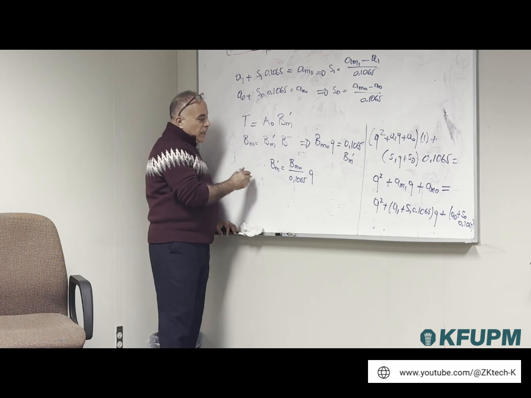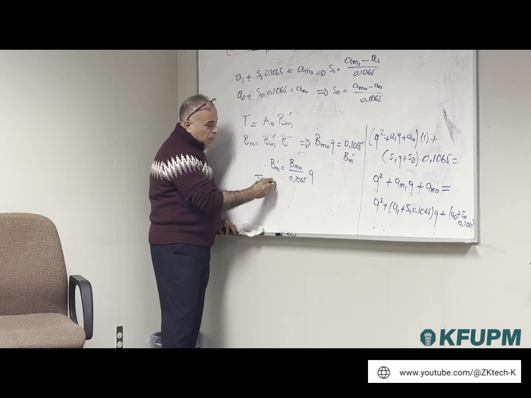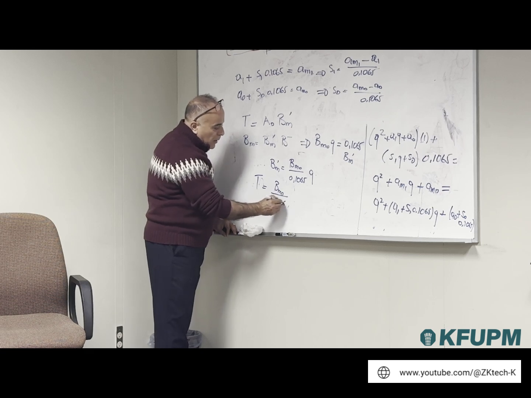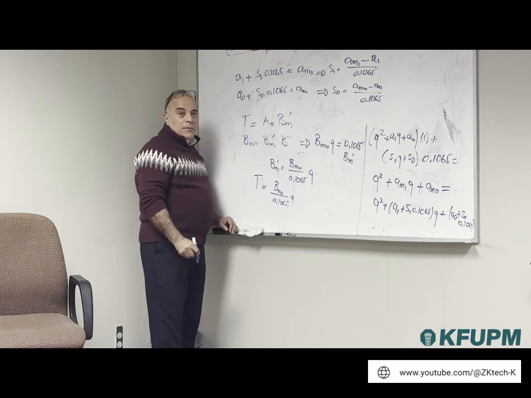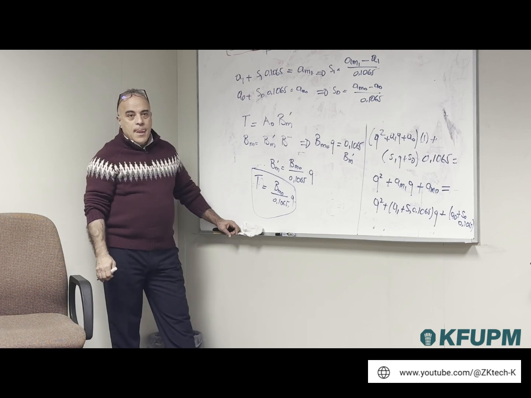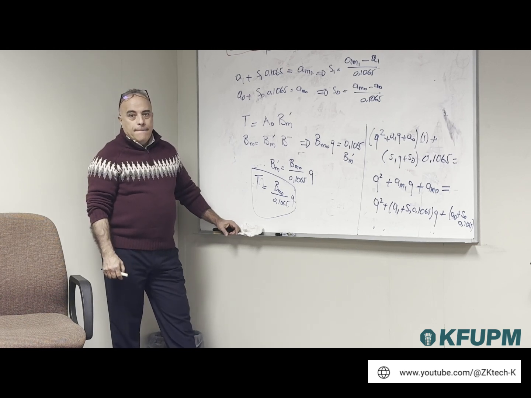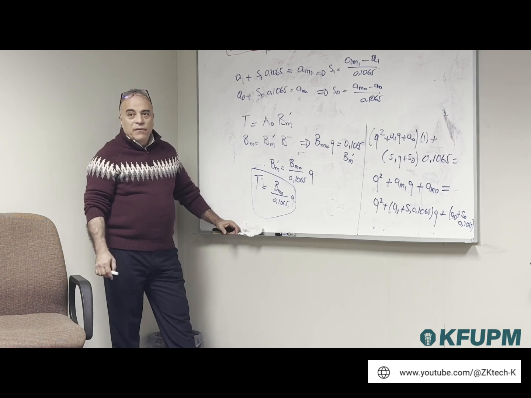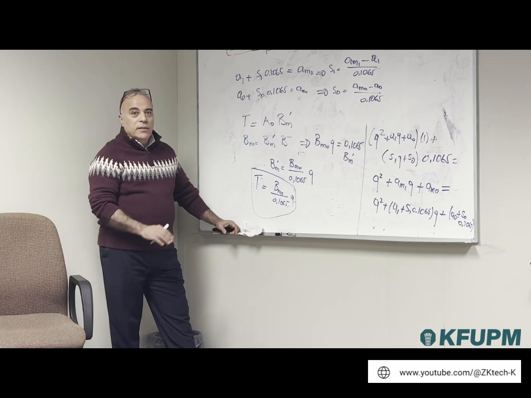From here I can conclude that T will be equal to Bm0 divided by 0.1065 multiplied by Q. This is the value of my T. We agree with this? Are we done? We have R, S, and T, and we are done with this case.